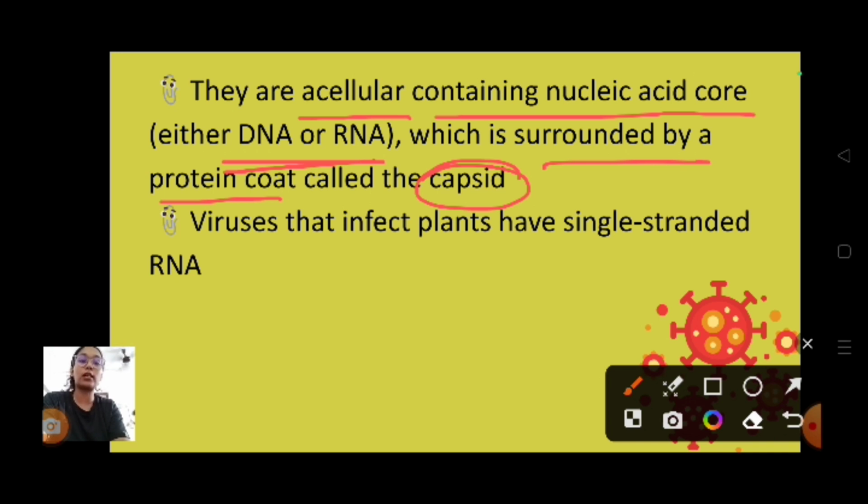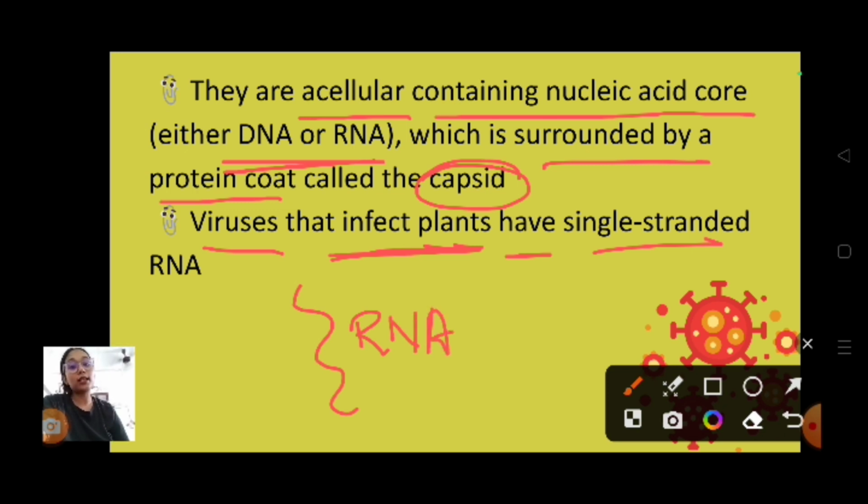This is only the theory part which you have to know. You can write it down in your notes also. Okay, and the viruses that mainly infect plants generally have single-stranded RNA. The viruses which infect plants will have single-stranded RNA. Clear?